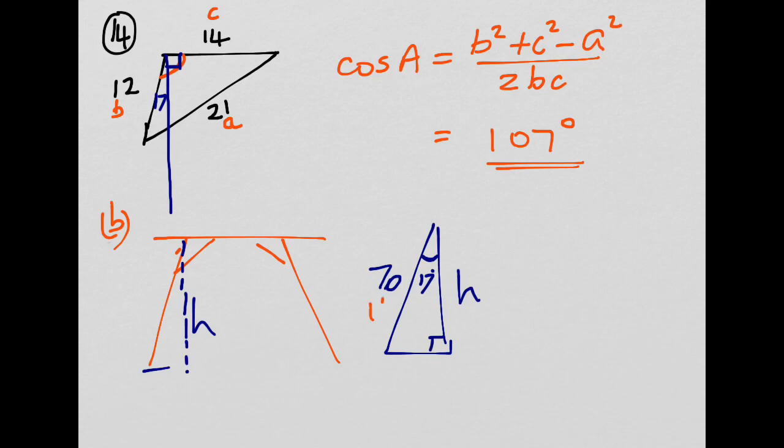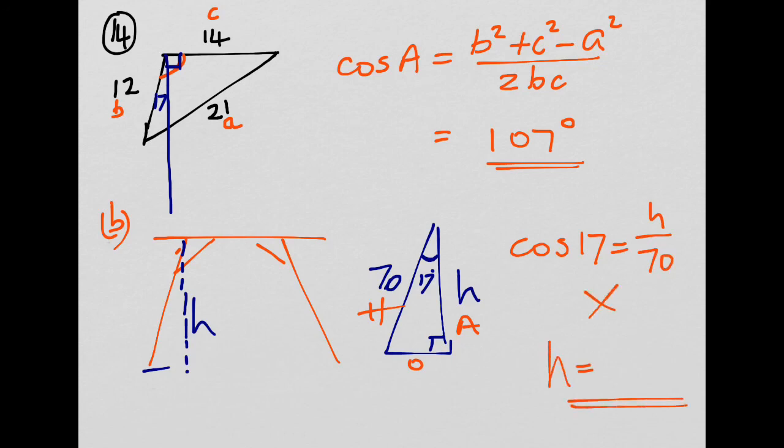So now naming the sides, that's the hypotenuse, that's the opposite, that's the adjacent. We're going to use the hypotenuse and adjacent, so we're going to use cos. So we're going to have cos 17 equals h over 70, cross multiplying gives you the height of the table.